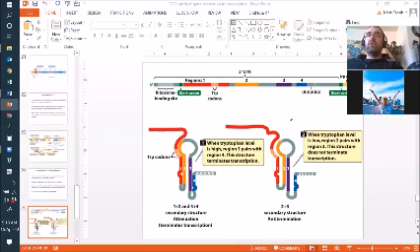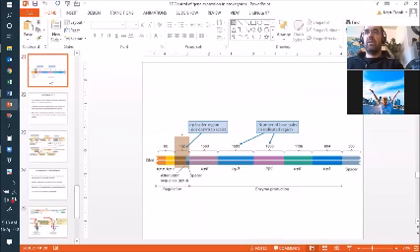for example, when we're looking at, actually, let's bring up a better one than this. Here we go. So, for example, what I'm showing you here, the direction of the gene in this case is from left to right.